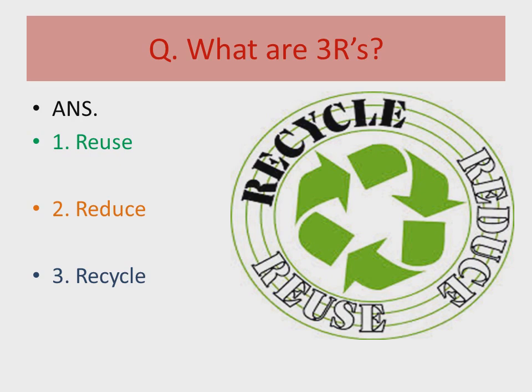These 3 names, reuse, reduce and recycle, we are together telling 3 R's. On the right hand, you can see there is a circle with a green arrow, this is showing recycle, reduce and reuse. So what is the question? What are 3 R's? The answer is reuse, reduce, recycle.